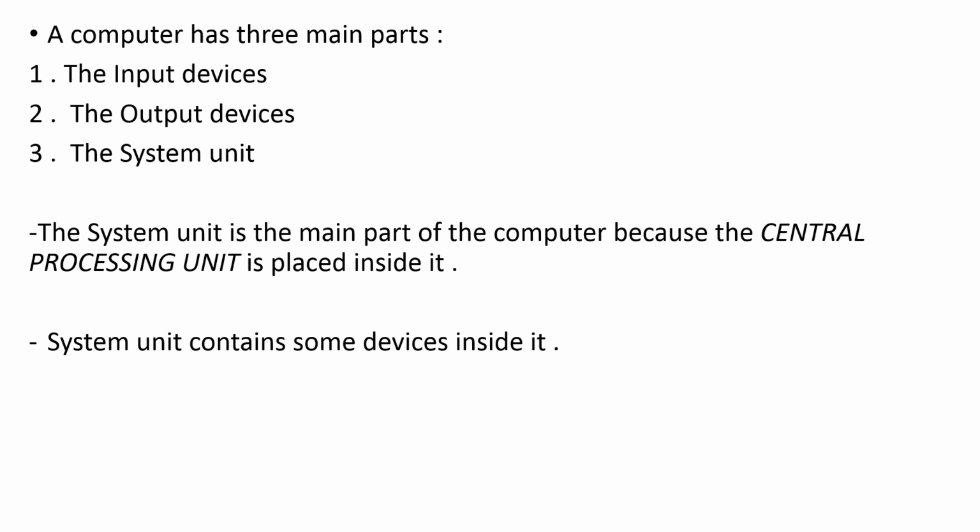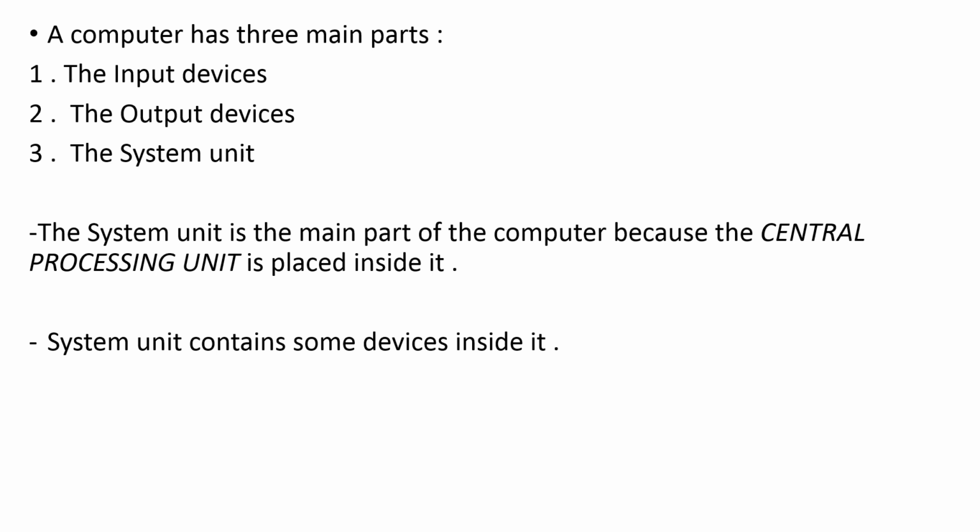Now, what is the system unit? A system unit is the main part of the computer because the central processing unit is placed inside it. Why is it the main part? Because the CPU, the central processing unit, is placed inside it.